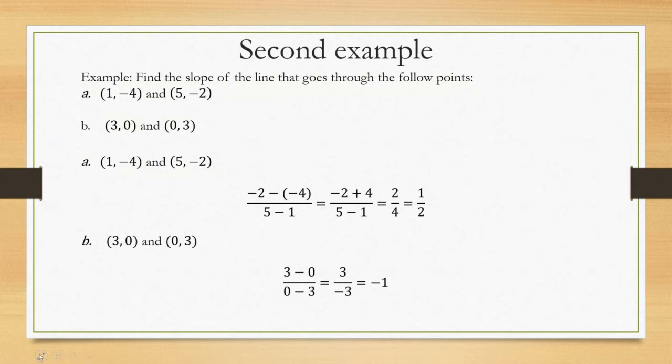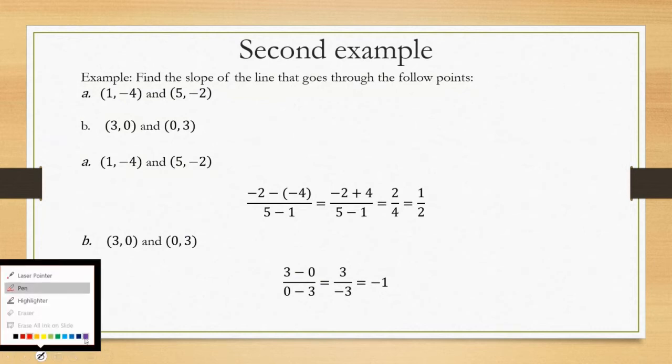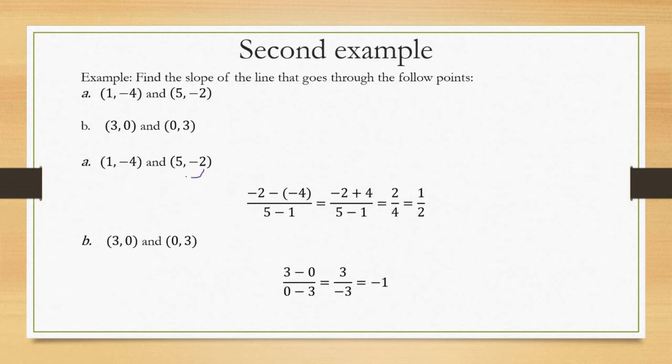Let me do it this way. Let me get the pen out. This might help. Let me make sure the color of it is good. Purple. So we have -2 minus -4 on top, and on the bottom, for the x coordinates, we have 5 minus 1.